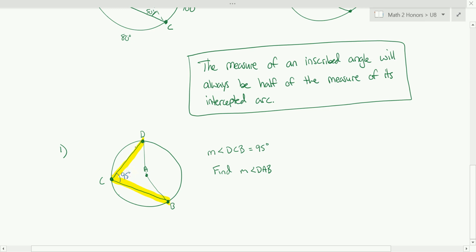So then because of that, the arc measure from D to B is going to be double that, right? Which is 190 degrees. But then the arc measure is the same as the measure of the central angle, 190 degrees. Now it definitely doesn't look like 190, right? It looks less than 180, but the numbers, the way they work, is what we're following. So 190 is our answer.